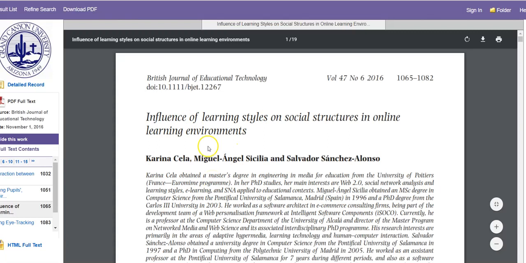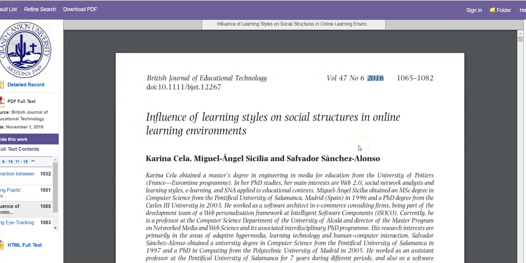Now, this study was done and published in 2016, okay? The researchers are Karina Sella, Miguel Angel Cecilia, and Salvador Sanchez Alonso. They did a study based off this topic in 2016, okay?